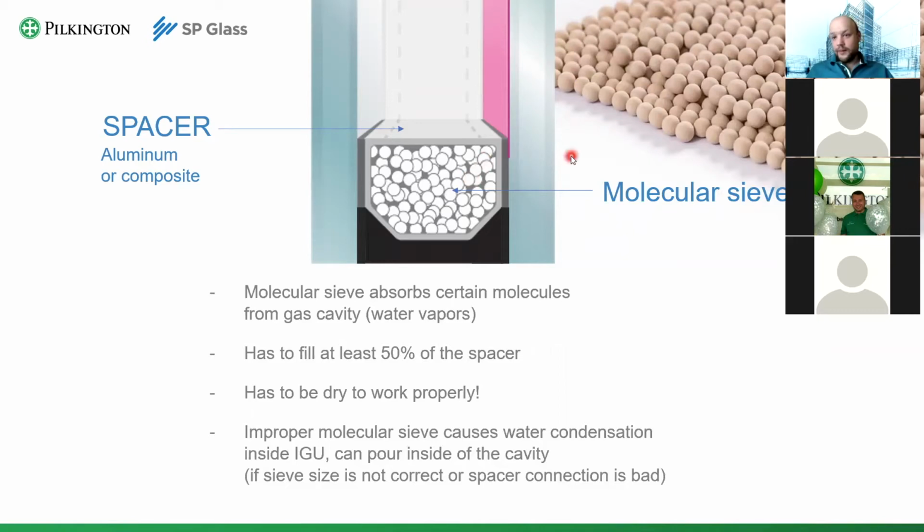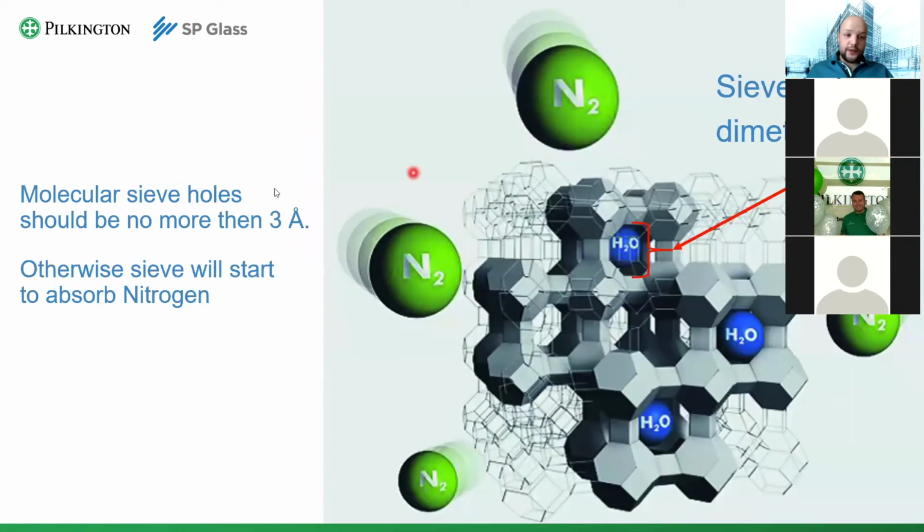Okay, now what faults can molecular sieve have? As always, there are some. At first, you need to use proper molecular sieve with 3 angstrom holes. Now, there does exist a very cheap molecular sieve with holes of 4 angstrom.